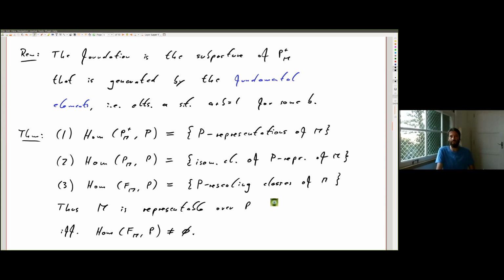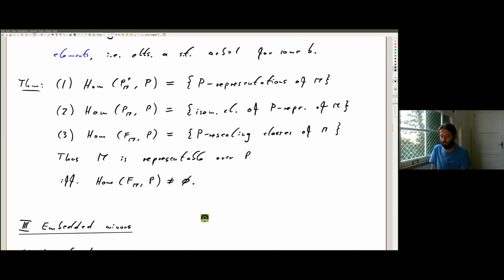This is something that comes up, for example, in the projective geometry of the plane, where the cross ratio is a unique invariant for rescaling classes. This comes back later in the talk in a certain shape. All I want to say here is that this is not a deep theorem. It's easy to prove. The deep facts come in a moment.